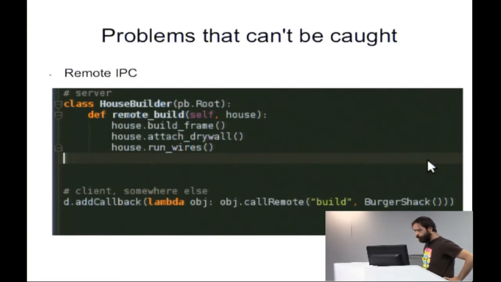It doesn't know anything about types on one side, like on the client side, and if you're using Twisted here, it may run if you have those methods, but it doesn't know anything about the types. The same rule applies for callbacks in general, which is a bit of a pain.